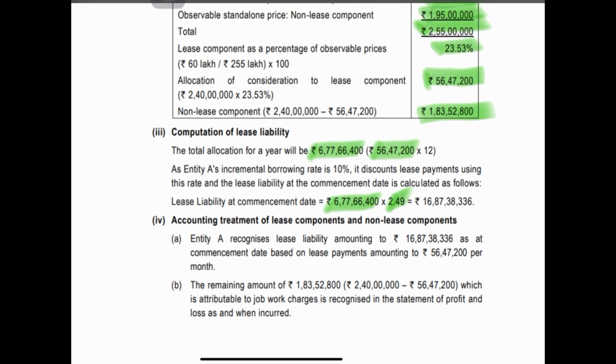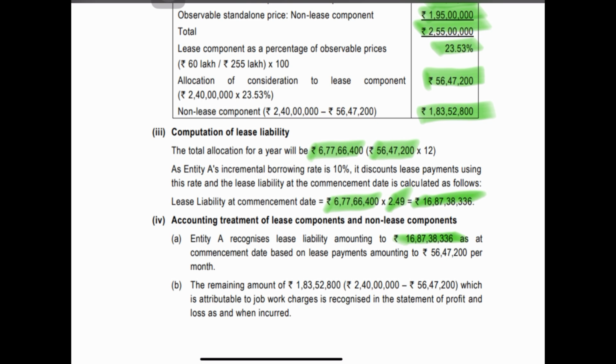If you calculate year by year and sum it up, you will get 2.49 as the discounting factor. So if you apply, you will get the total present value of the lease liability as 16 crore 87 lakh 38,336. So this value will be the ROU asset and ROU liability in the books of entity A being lessee.